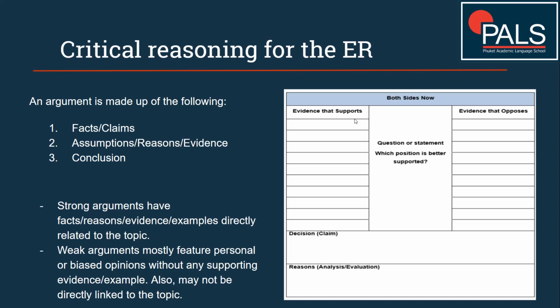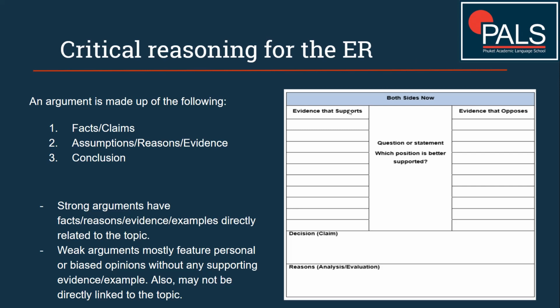I got this at a GED testing service annual summit a couple of years ago, and I've used it ever since with my students. So what you can do is you can get a couple of articles which oppose each other. Okay, now you could use past questions from the extended response if you wanted, or you could look up articles online that have different opinions about something, and you could read them and fill out this table.